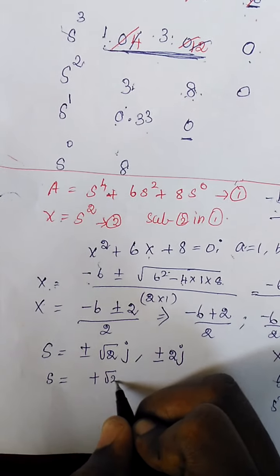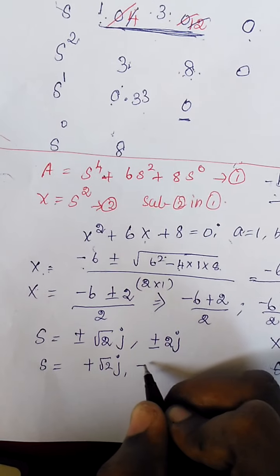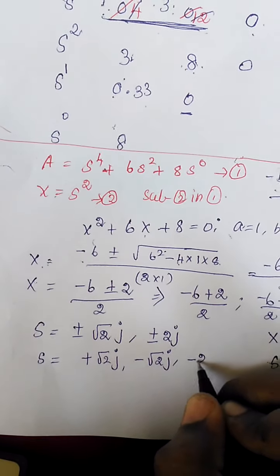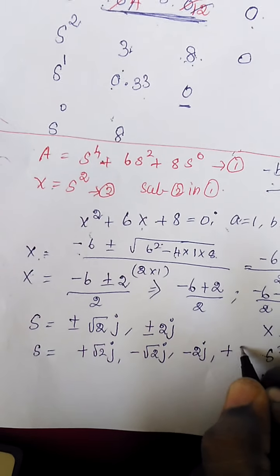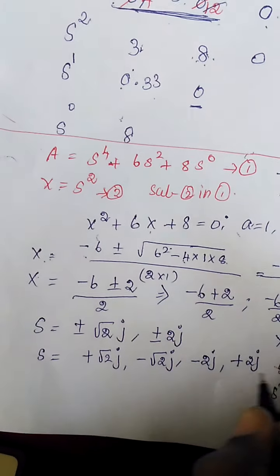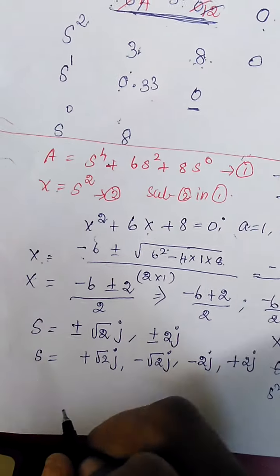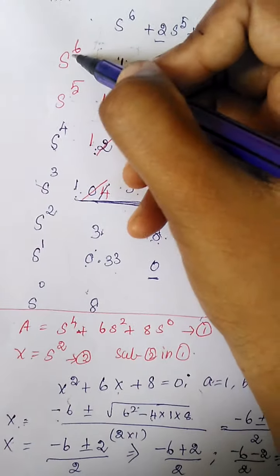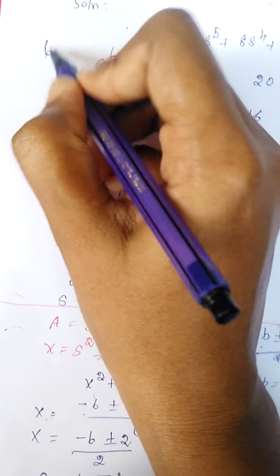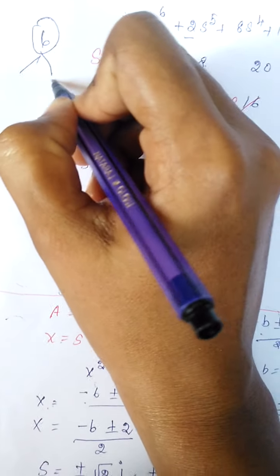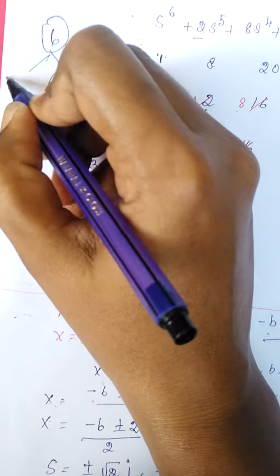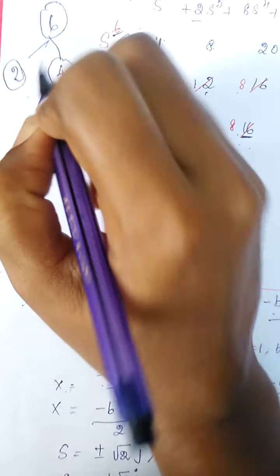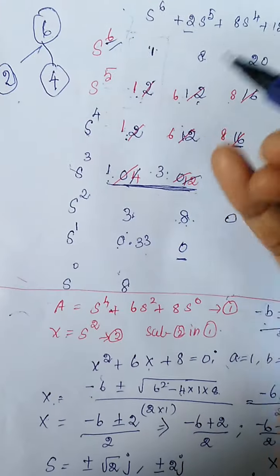Plus root 2j, then minus root 2j, comma minus 2j, comma plus 2j. These 4 are imaginary terms. In this s power 6 you are going to collect 6 terms. So here you have 4 imaginary terms, then the remaining 2 are in the right half or left half, which you have to find.